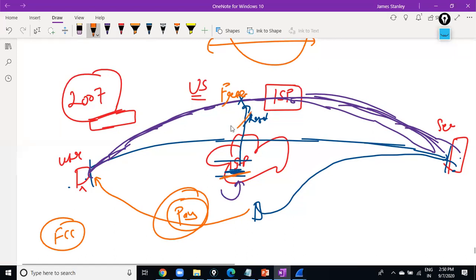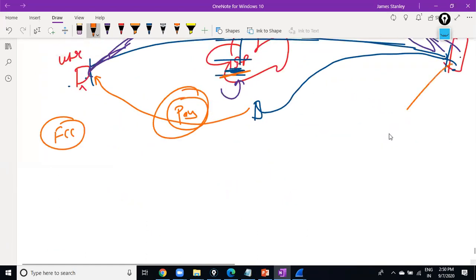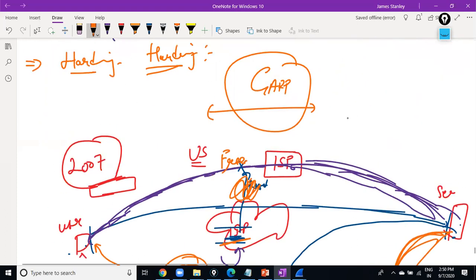So right now, we are able to download any file directly from the servers without the ISPs knowing, because now this is end-to-end communication. Reset wasn't a very good thing, but ISPs were using it according to their scenarios. So this is about reset.